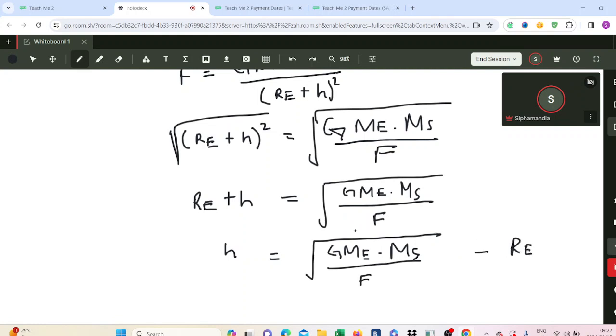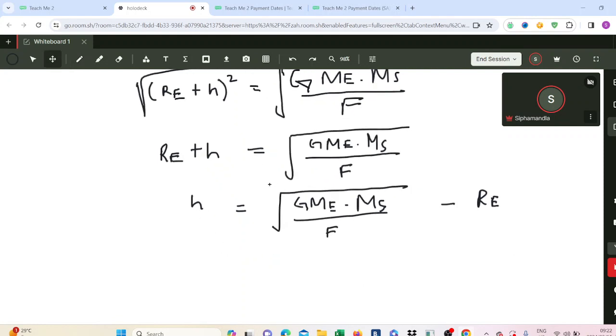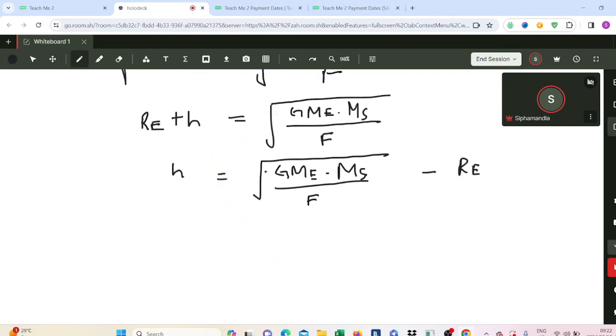Now at this point I can just plug in the values. That is quite easy. And also you have to understand that G is the constant that is already given, the universal gravitational constant, that you can quickly find from the question paper.